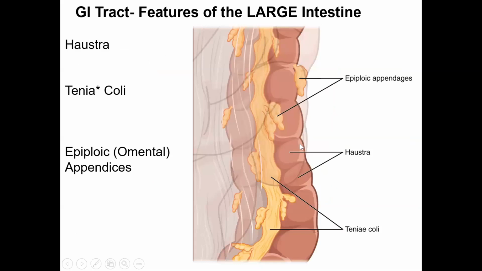Important distinguishing features of the large intestine are called haustra. Haustra are these out pouches or pockets of the large intestine, again, unique only to the large intestine. They are created in conjunction with the Taenia coli. Now, the Taenia coli are these bands of connective tissue that are running longitudinally along the large intestines.